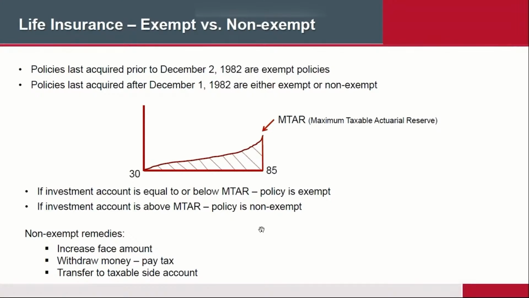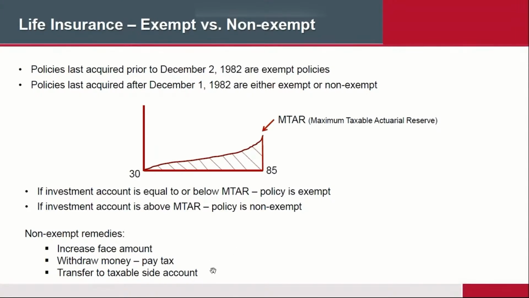So you've got to be careful of that. And I should tell you that you need to make that decision within 60 days of the anniversary of your policy. In other words, you've got a 60-day window to make this happen. If you don't tell us to make a decision within 60 days, then it's quite possible that it will stay non-exempt, and therefore Ottawa will come back and tax you accordingly.